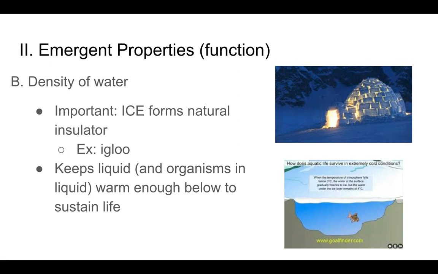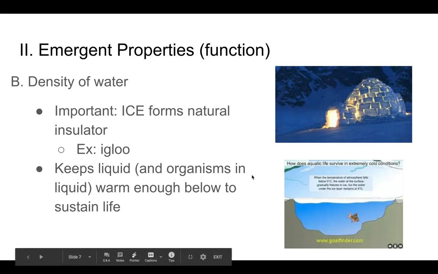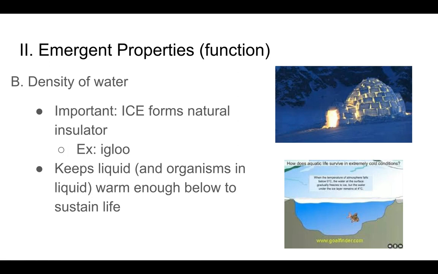So the polarity and the formation of hydrogen bonds allowed it to be sticky and to stick to itself and other things. And the formation of hydrogen bonds in cold temperatures allowed the water to actually become less dense and thus float. So we will pause right here on lecture 1.1. We'll come back in another video and we'll talk about the last two emergent properties of water, as well as something called pH.